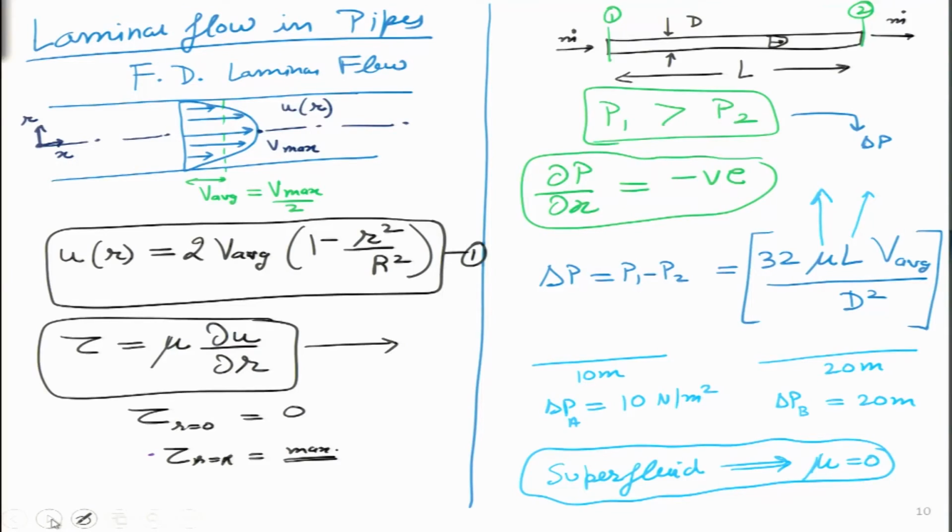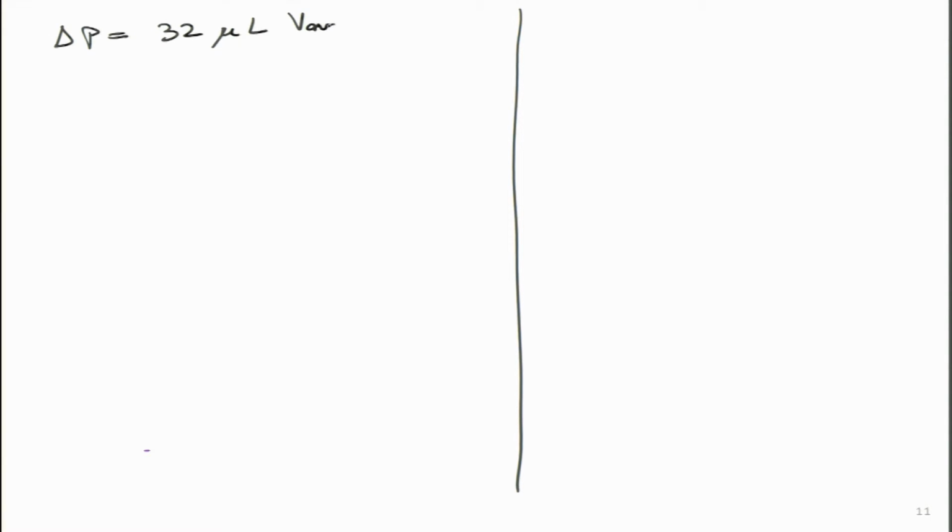Now, engineers use one very interesting notation. I will write that expression once again: delta P is 32 mu L V average divided by d square. Engineers want to write delta P in terms of half rho V square.